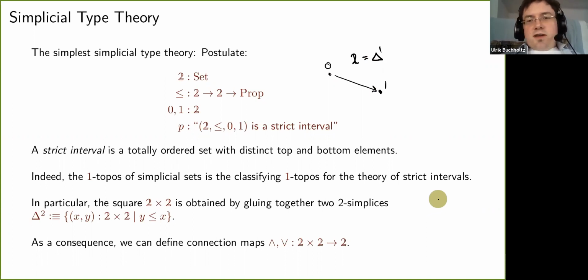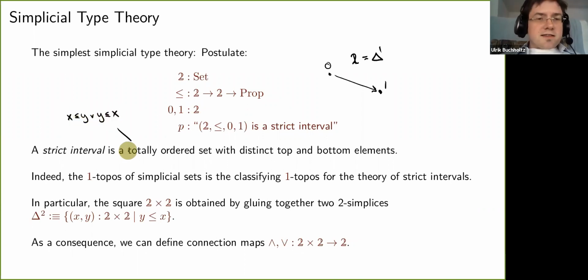So somehow, by postulating these data, we are placing ourselves in a constructive version of simplicial objects in any infinity one-topos. So in particular, totality, which says, let's put that here, either x is less than or equal to y, or y is less than or equal to x.